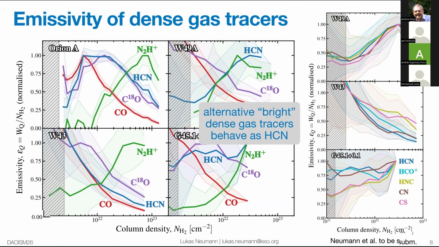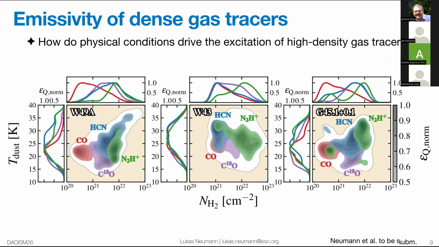So it seems that only N2H+, probably because of its chemistry, is very distinct from all of these other tracers. And all of these secondary effects, like secondary excitation mechanisms, behave quite similarly for all of these lines compared to N2H+.